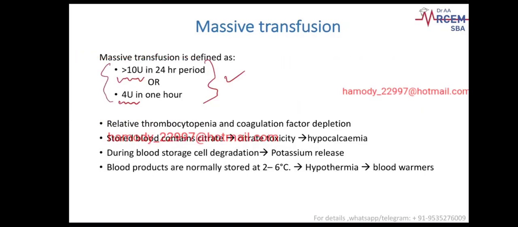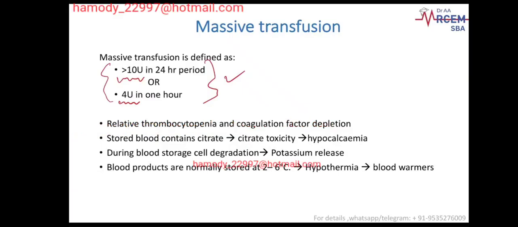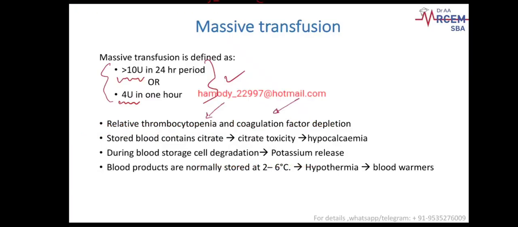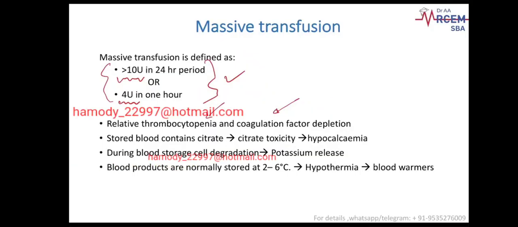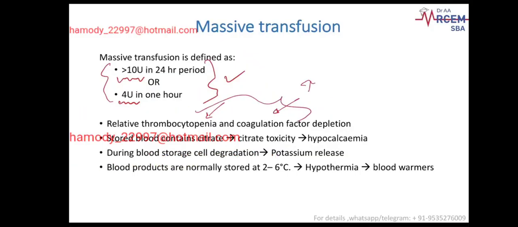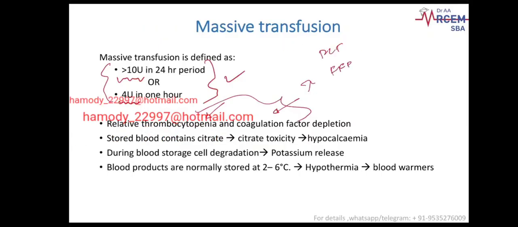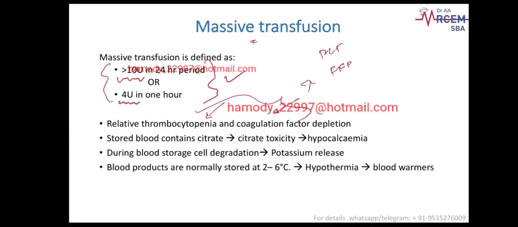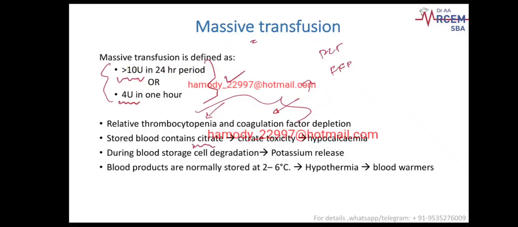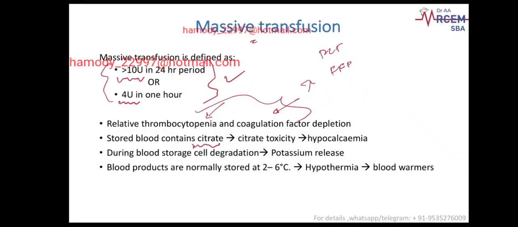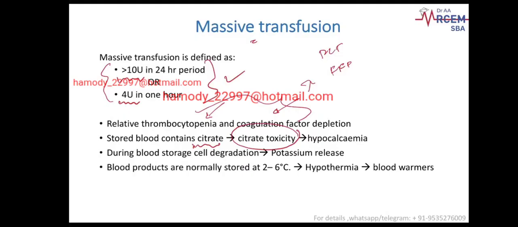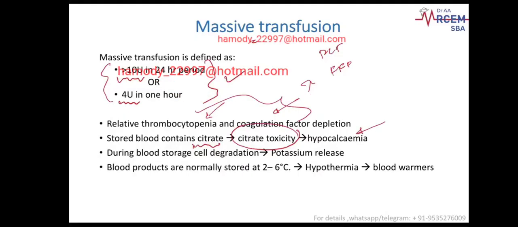When you're doing a massive transfusion, there will be relative thrombocytopenia and relative depletion of coagulation factors. Because of this, there is an increased risk of bleeding. That's why it is recommended to always give platelets and FFP when you're doing a massive transfusion. Blood is stored in a citrate medium. Because of this, citrate toxicity can occur, resulting in hypocalcemia.